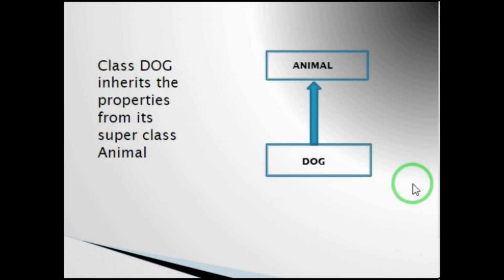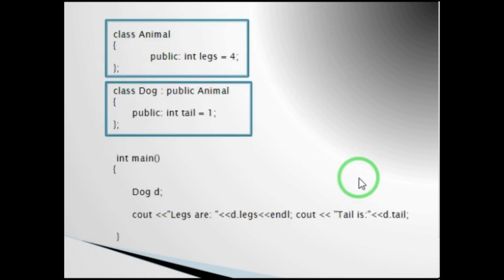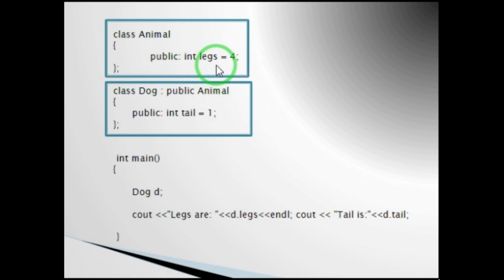We are going to implement this diagram in programming form. So first you declare the base class: class animal, open curly bracket, close curly bracket with semicolon. This is the syntax for a class. Public is the access specifier, int leg is equal to 4. This is the data variable of class animal.